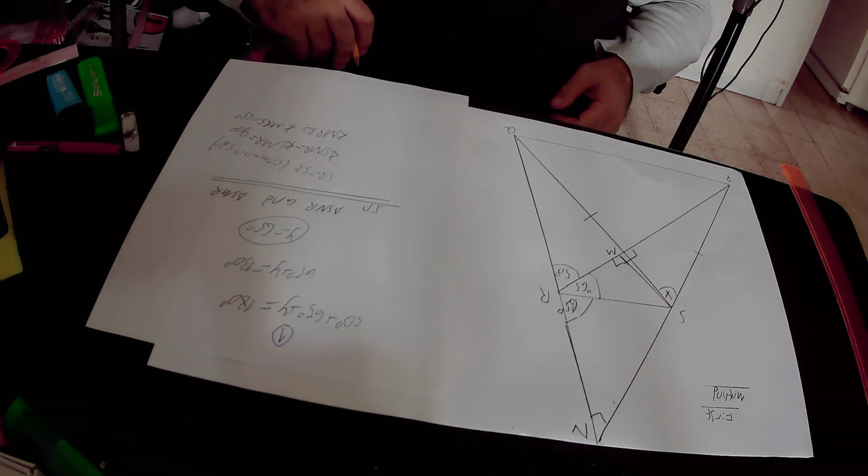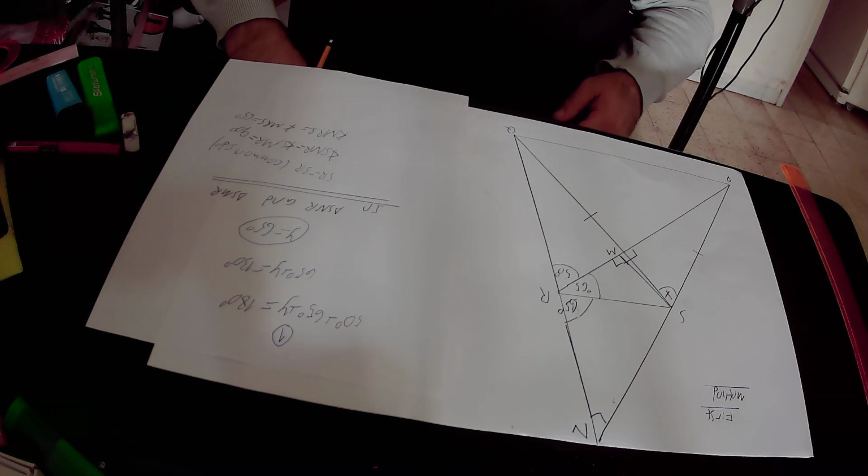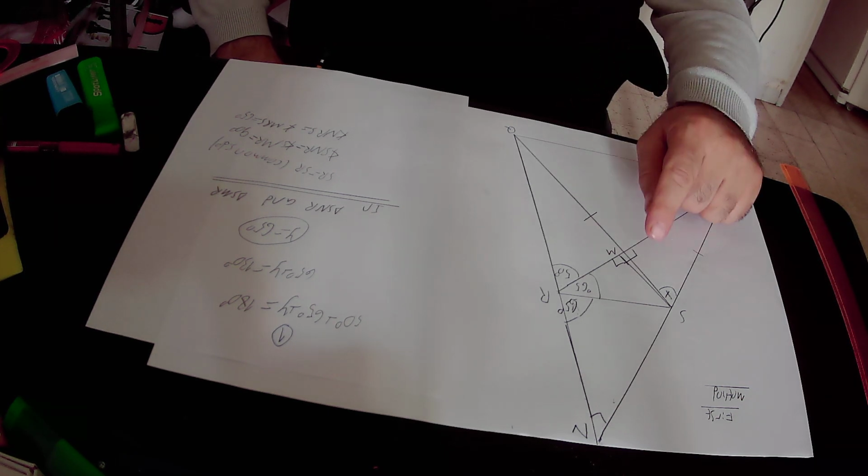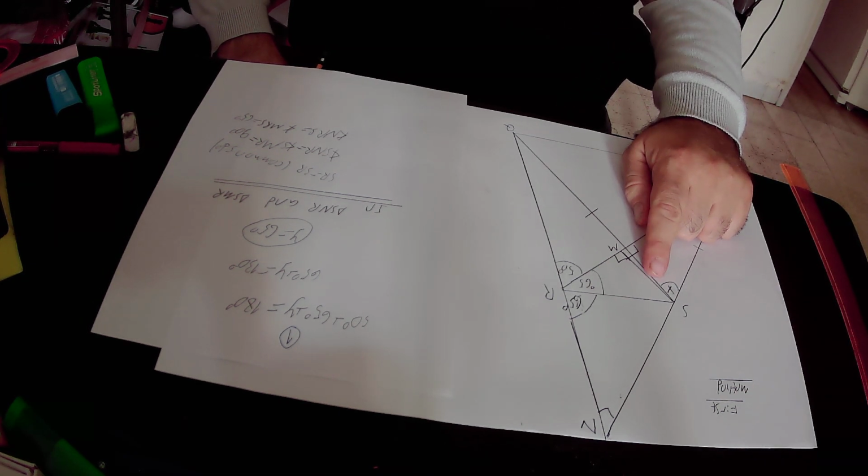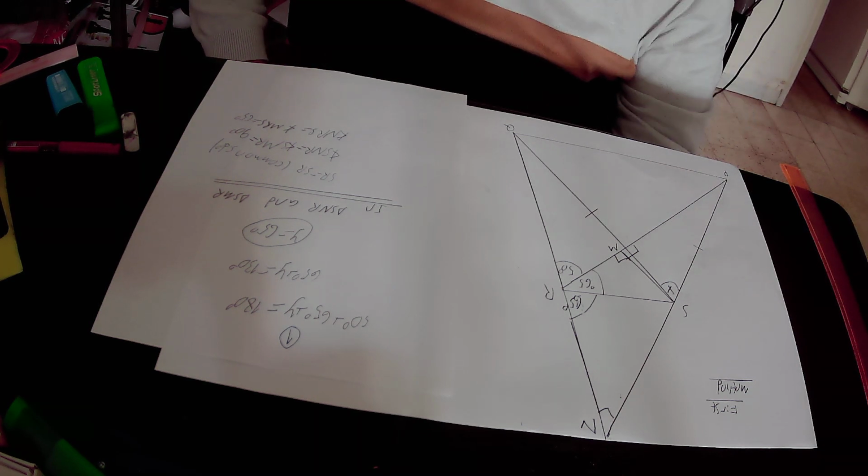And we also have the rule that the sum of the angles in any triangle equals 180 degrees. Okay? So what is the size of angle MSR?